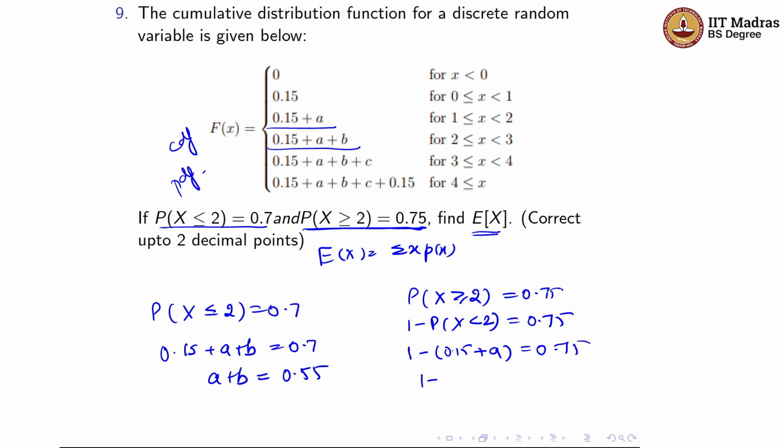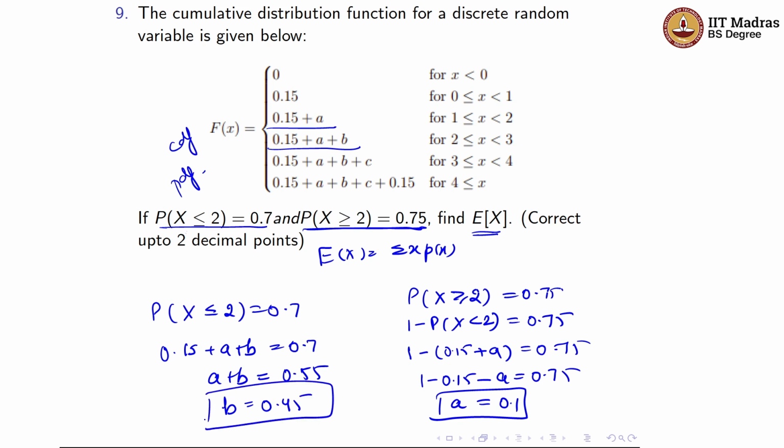If we open the bracket and solve, we will get a as 0.1. So we have found the value of a. Putting the value of a here, we get the value of b, which is 0.45, right?